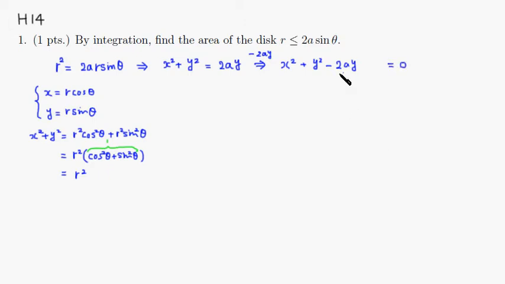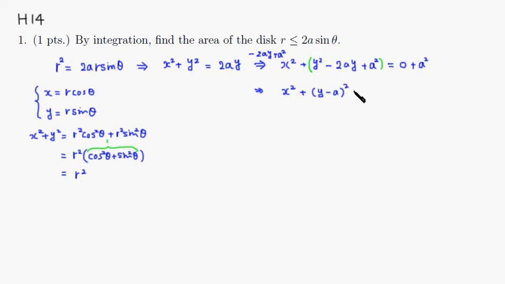Then you notice that if we had the plus a squared here, we can actually complete the square. So I'm going to add a squared to both sides. Then we can rewrite it this way: x squared is x squared, and by combining these three terms to complete the square, you have the quantity y minus a, squared.